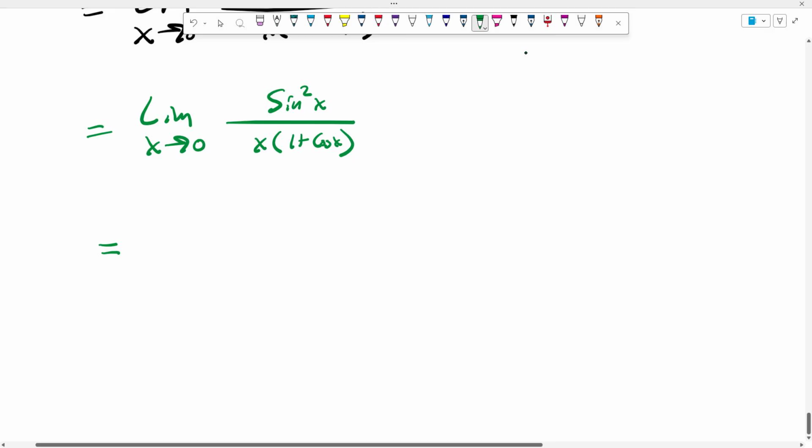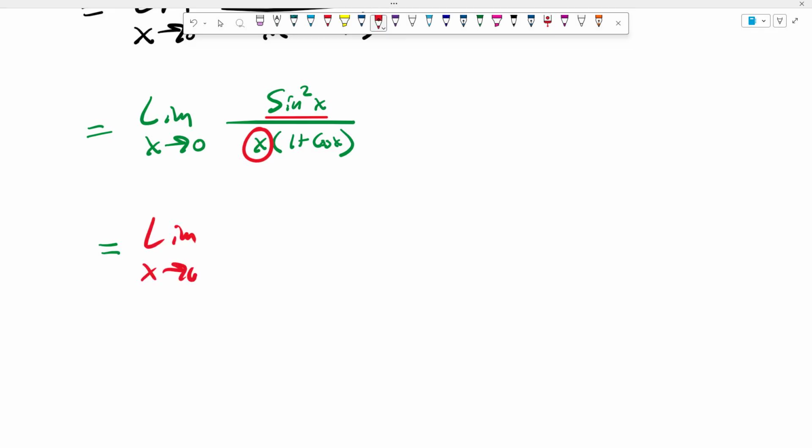Okay. However, sine squared is sine times sine, correct? We have an x down here. So we're going to rewrite this as sine of x over x times sine of x over 1 plus cosine of x.